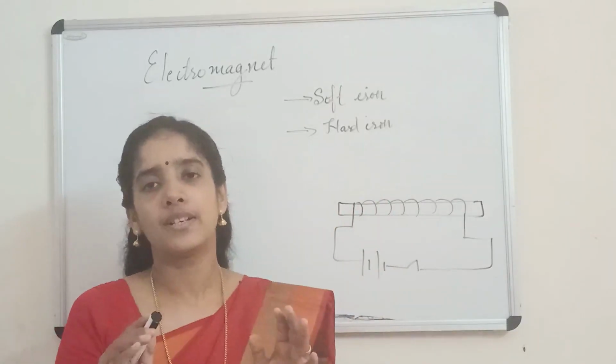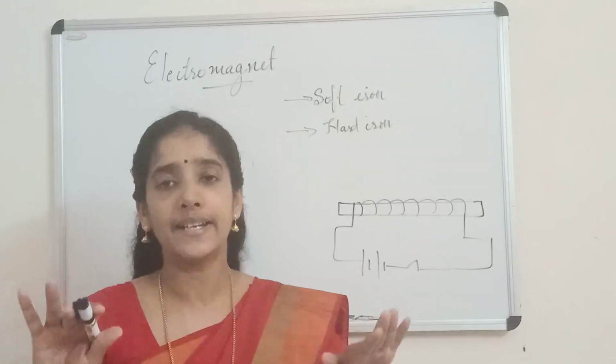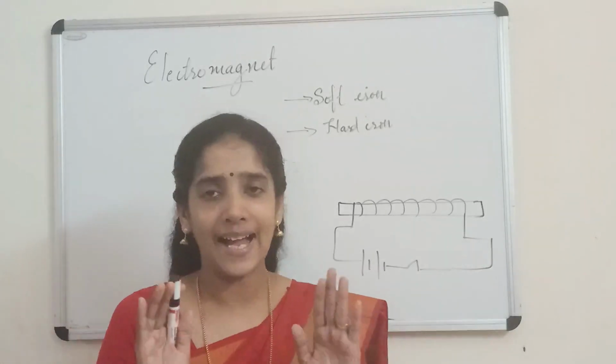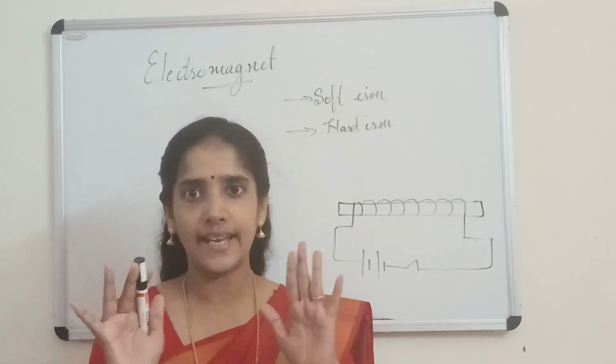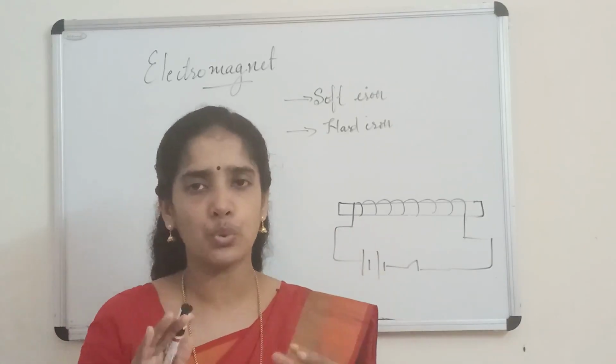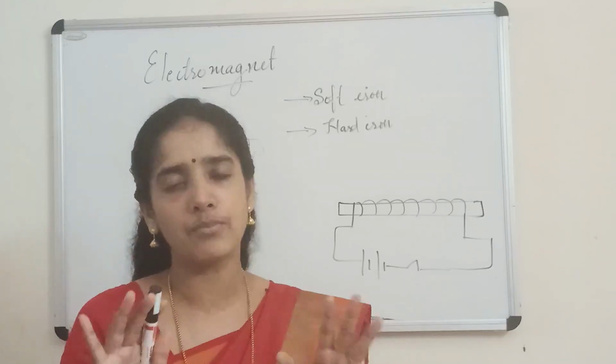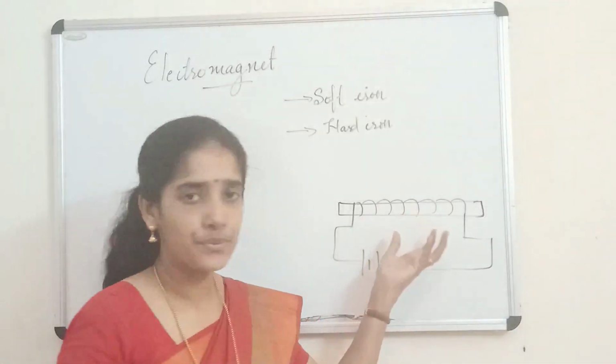When you introduce soft iron in a magnetic field, the atoms or electrons inside it start aligning in such a way that they show a net magnetic moment or a net magnetic field.